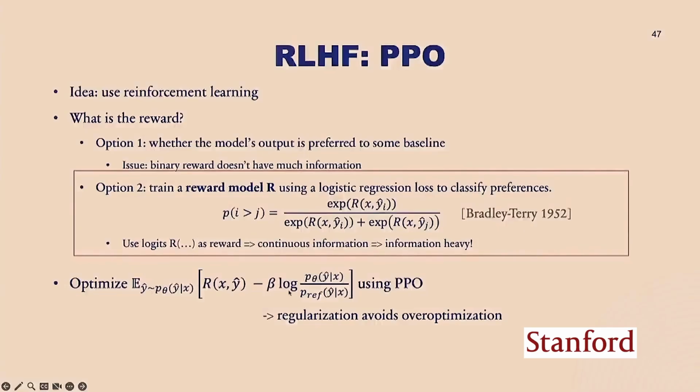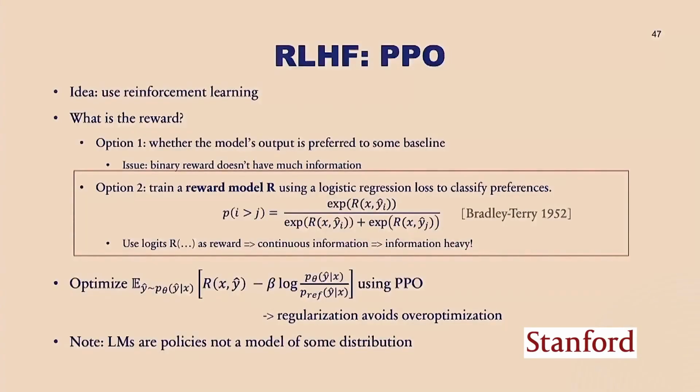And then you just use some regularization terms. So the reason why we do this regularization term is for avoiding what we call over-optimization. So this reward model might not perfectly model human preferences. So you don't want to maximize this thing to essentially infinity. And you do it using PPO, which is a common reinforcement learning algorithm.